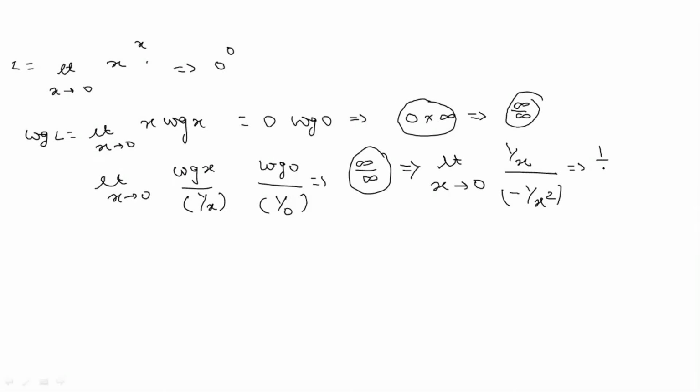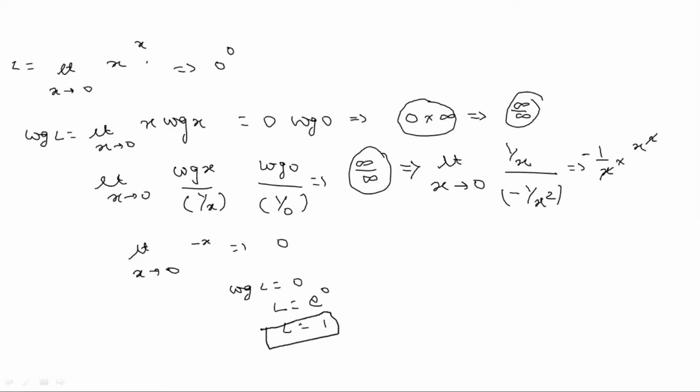After rearranging, 1 by x into x square gives minus x. So our result is the limit as x tends to 0 of minus x. Now we put x equal to 0, so this is 0. This 0 is evaluated to log L. Log L is equal to 0, L is equal to e to the power 0, L is equal to 1. For this particular question, the value of the limit is 1.